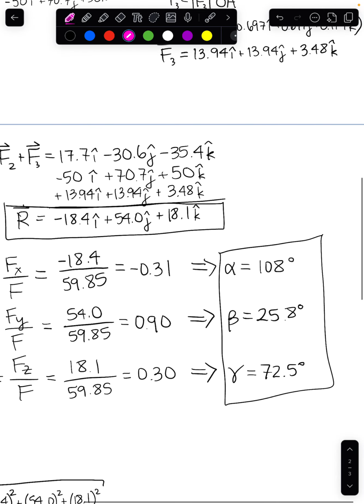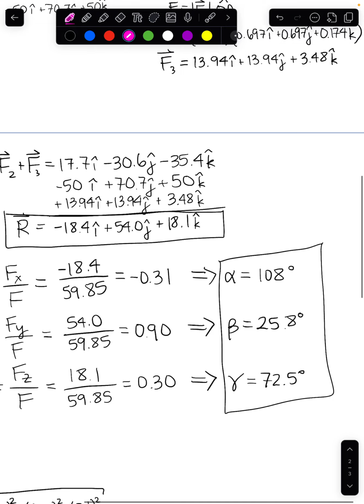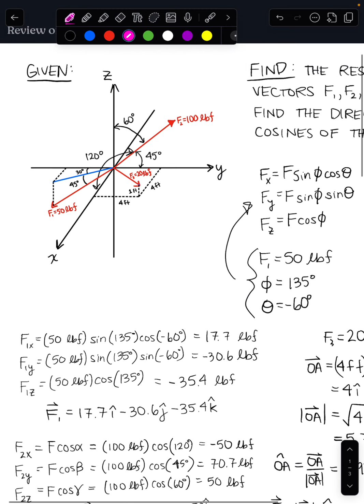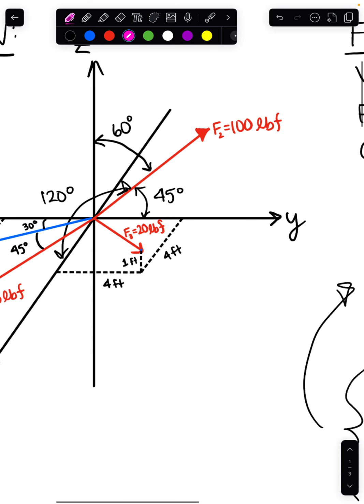Let me remember what this is. 25 from y and 72 from z. Okay, so pointing something like this, right? So this is our resultant vector.